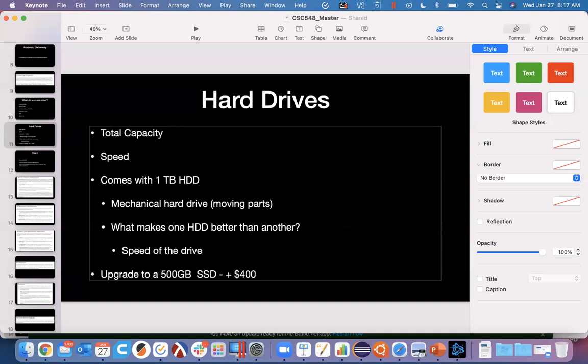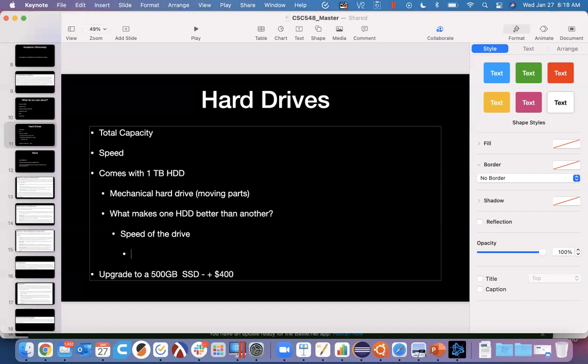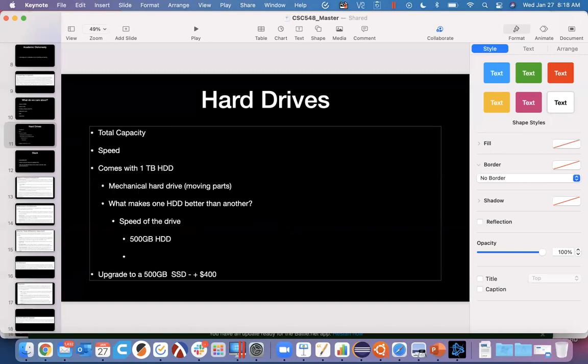So we care about speed and we care about capacity. One thing you maybe have seen, probably something like 3-4 years ago would probably be the last time this would have been a real thing: you may have had a computer that came with a 500 gigabyte HDD, or you can upgrade to a 300 gigabyte HDD for, let's call it $200, something like that.